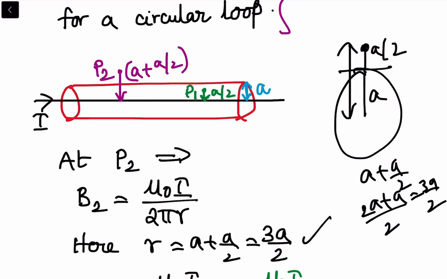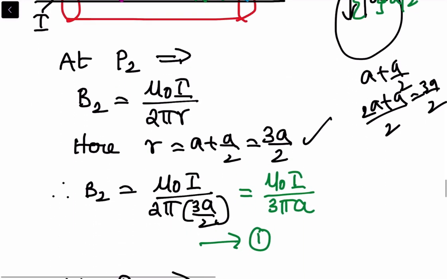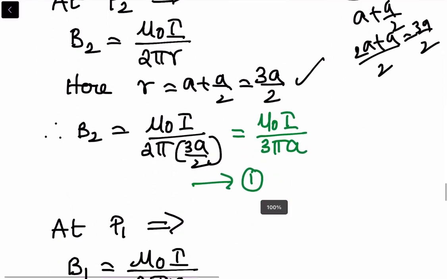Now they asked for another point which is below the surface at a by 2. The total radius is a, so half of the radius is a by 2. So from the axis, P1 is at a distance of a by 2, and P2 is at a distance of 3a by 2. That is what I have done here.